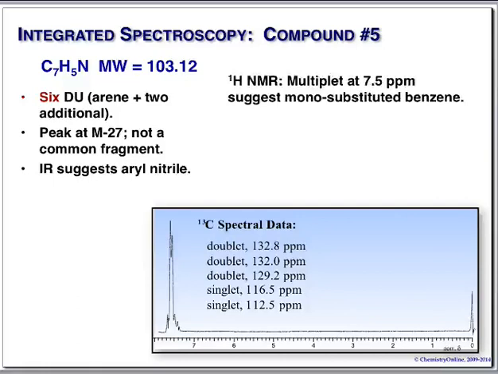If we had a monosubstituted benzene, we would expect a singlet and 3 doublets. So this singlet, these 3 doublets suggest monosubstituted benzene. We have one more singlet left, but remember from the IR we said it's probably a nitrile. That would be the nitrile carbon.